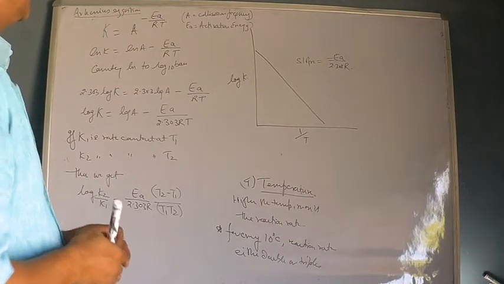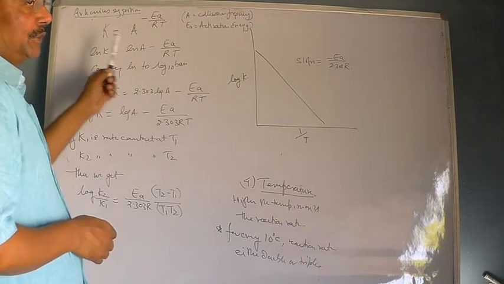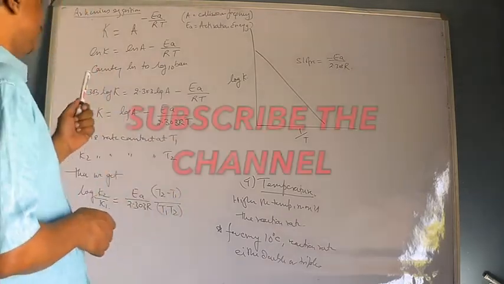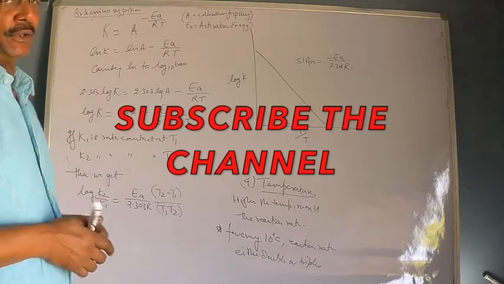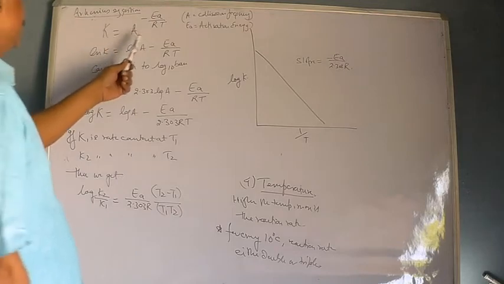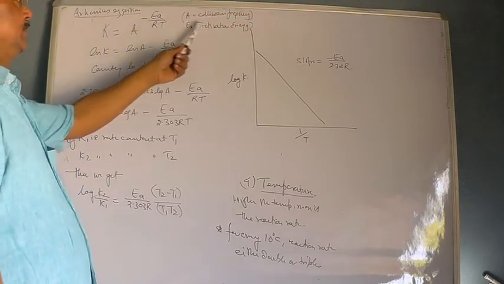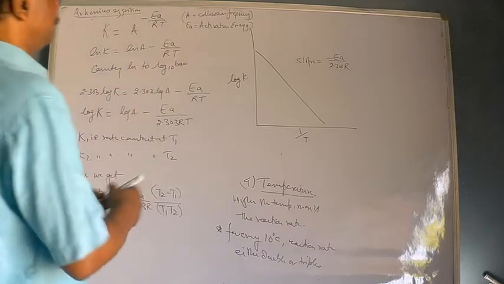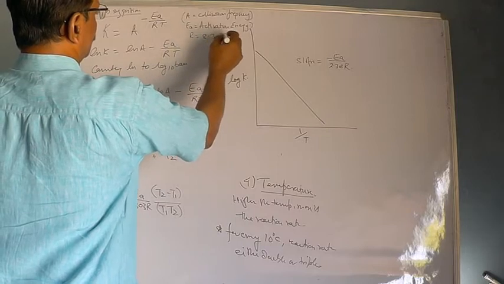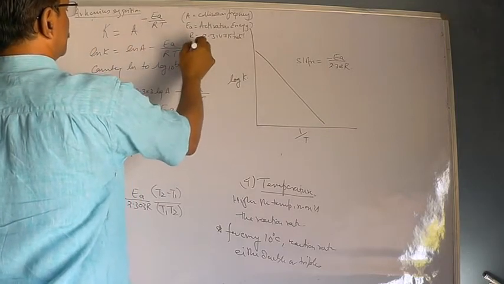Arrhenius suggests that the rate constant of a particular reaction is a function of its temperature, and he gave the following relationship, where K is your rate constant, A is your collision frequency, Ea is your activation energy, R is the universal gas constant, always with value 8.314 joule Kelvin inverse mole inverse, and T is your temperature in Kelvin.